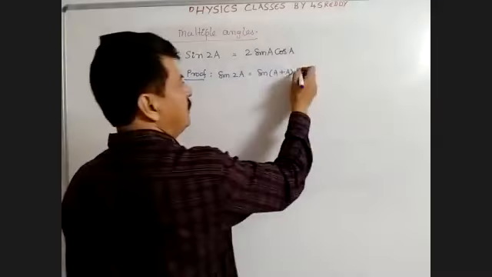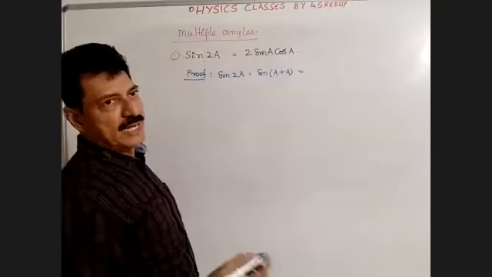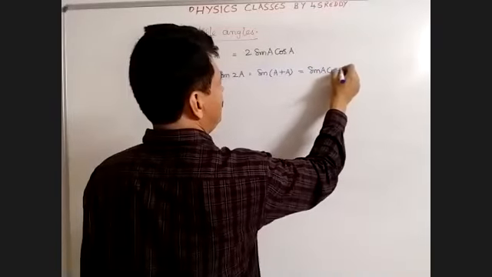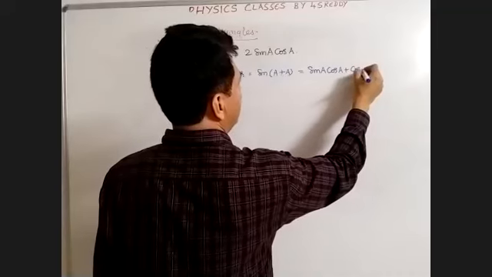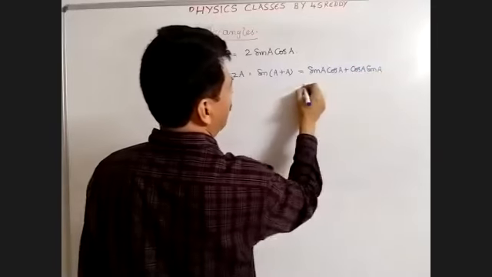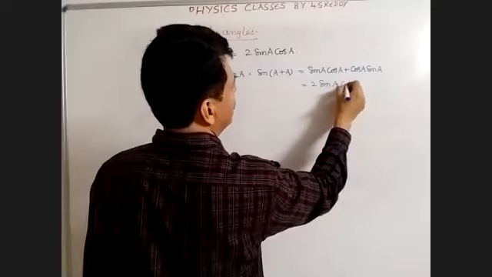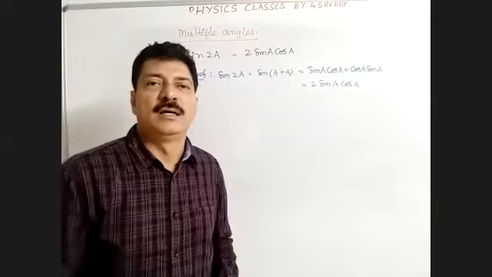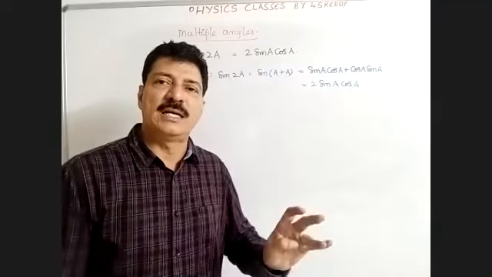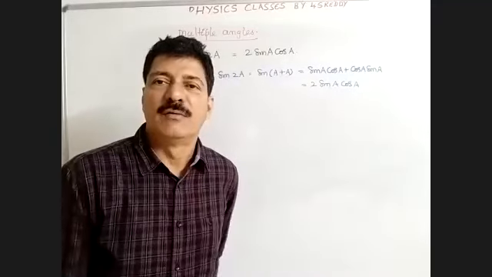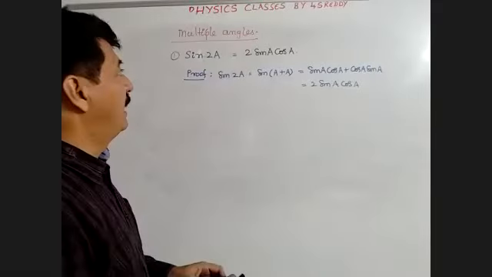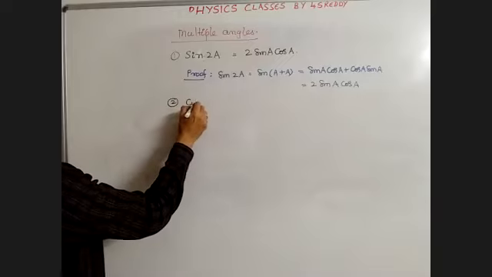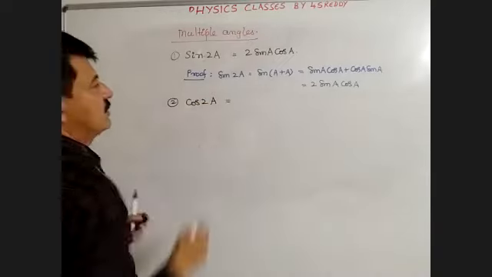Then it is the sin A plus B form: sin A cos B plus cos A sin B. So sin A cos A plus again cos A sin A. Therefore, we get 2 sin A cos A. So if you know the addition, subtraction, and product formulas, from that you can easily find out the multiple angles. And the second one, let us see. Suppose I take cos 2A, what are the values of cos 2A? Can anybody?